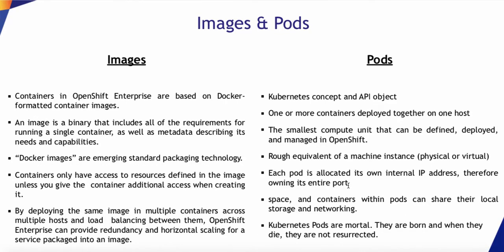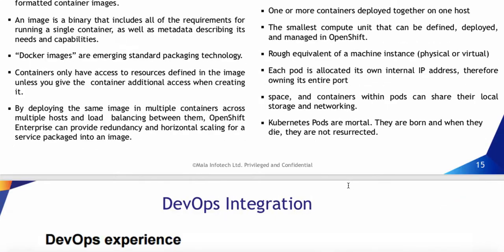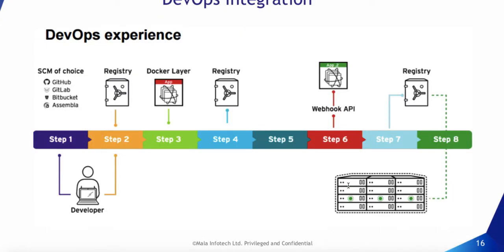What is the difference between images and pods? We have seen this recently and it is very common. Then we see the DevOps integration. How does it work when it comes to the DevOps experience? Start with SCM: the developer pushes their changes to GitHub, GitLab, or any source management tool you use.